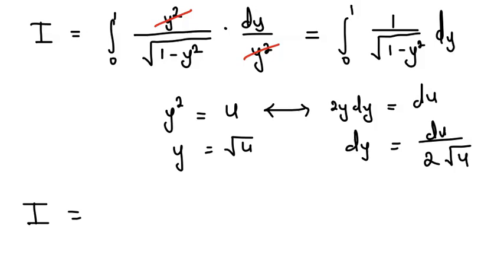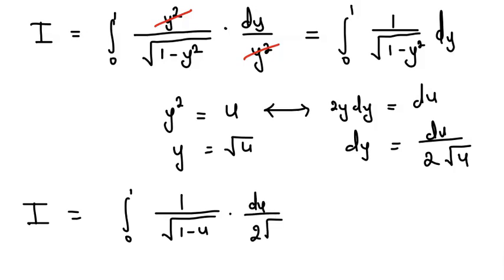So our I now will be equal to the integral from 0 to 1 of 1 all over the square root of 1 minus u, multiplied by dy, which is du over 2 times square root of u. Take note of this: 1 over square root of k is the same as k to the power of negative 1/2.